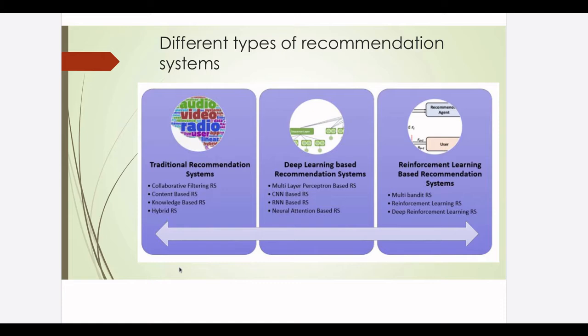Some of the defining characteristics of traditional recommendation systems is that they leverage data involving user-item interactions, like, for example, the ratings you give, the likes you give, or even your basic buying patterns. And these are used for building these traditional recommendation systems.